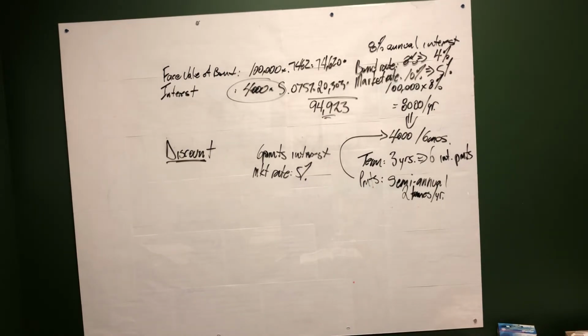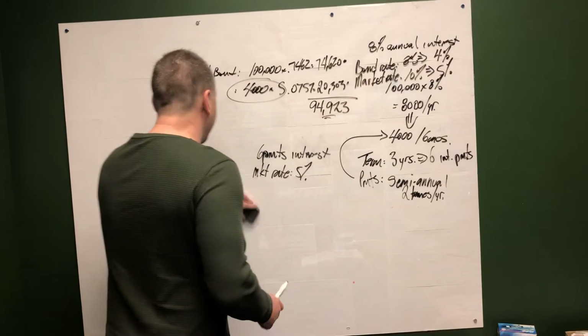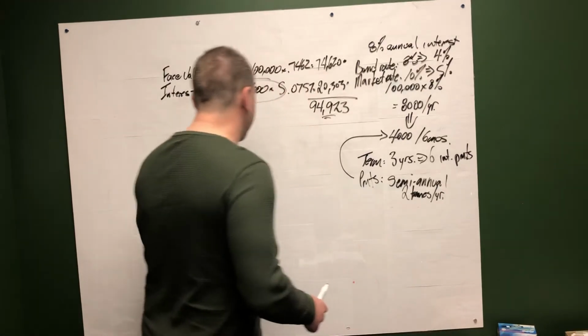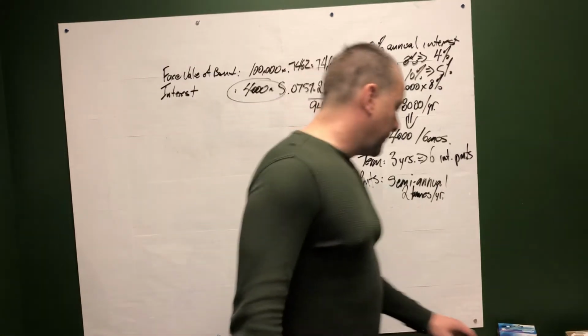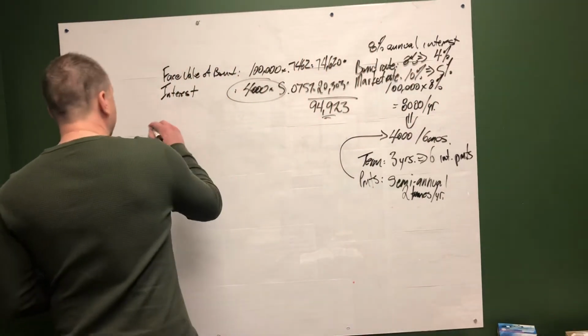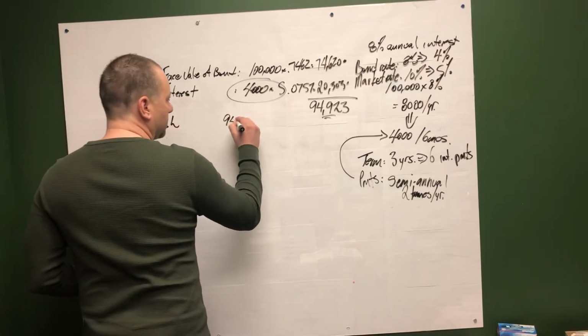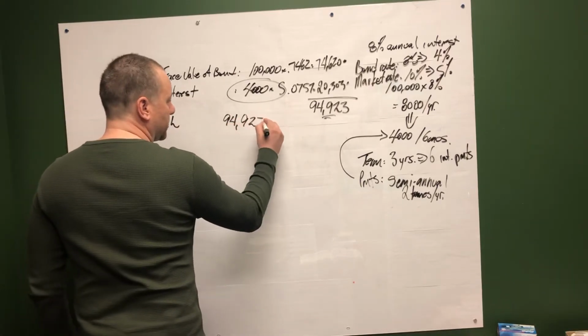So the next step would be to record the issuance of the bond. We're going to record it at a discount. Again, a discount is when the bond value is less than the market. So we're going to sell it for cash. Debit cash for $94,923.